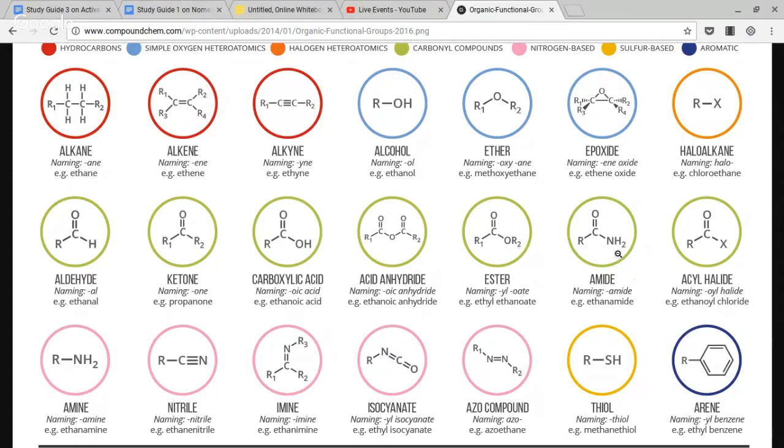Amide is when you have NH2 or anything nitrogen, which is directly connected with C double bond O. And then acyl halide is when you have a halogen that's bonded with your C double bond O.